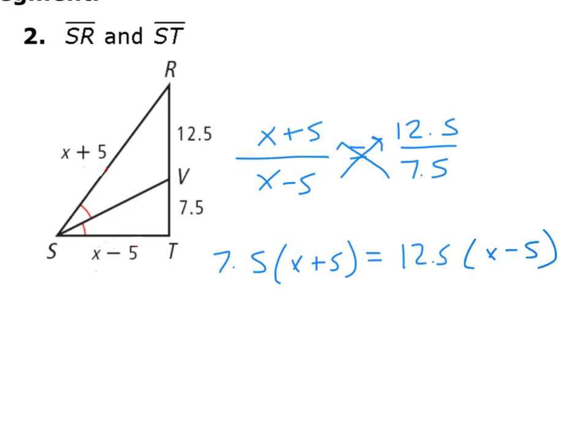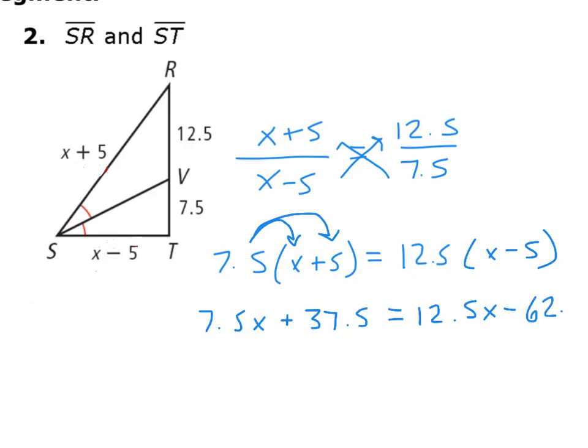What do we need to do now? Distribute. So we get 7.5x plus, what is 5 times 7.5? 37.5. Perfect. And that's equal to 12.5x minus 5 times 12.5, which is 62.5. So now what can we do to solve for x?